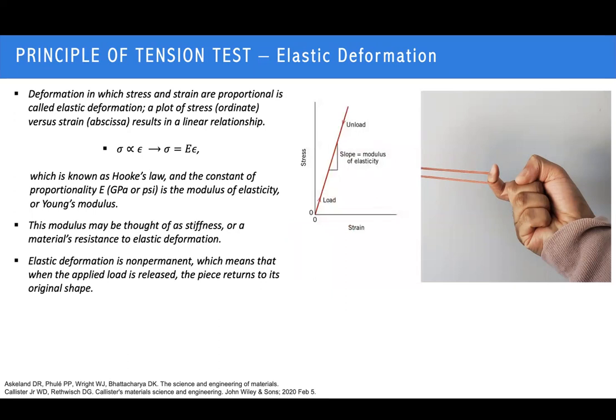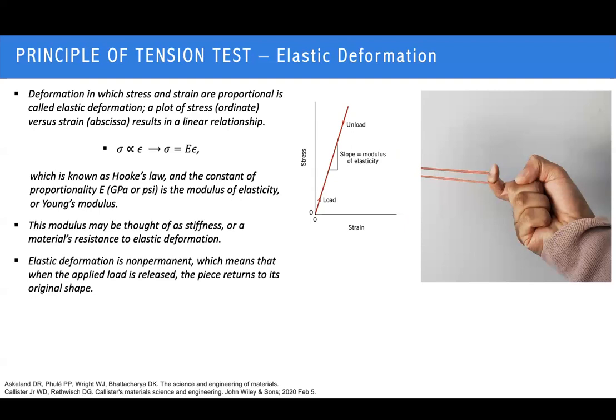The deformation in which stress and strain are proportional is called elastic deformation. This is the range where stress and strain are directly proportional to each other. When you release the applied load on this particular specimen, it can go back to the original shape. In this case, stress and strain are directly proportional, and this is called Hooke's law.